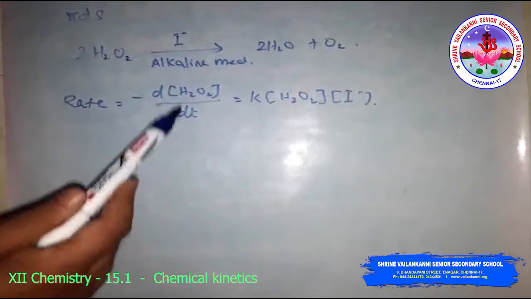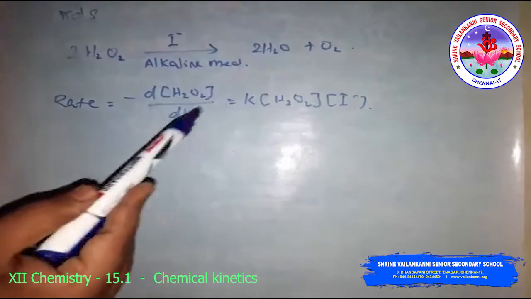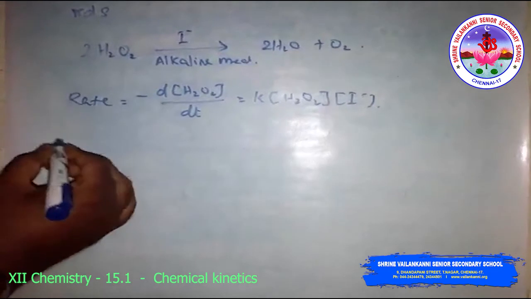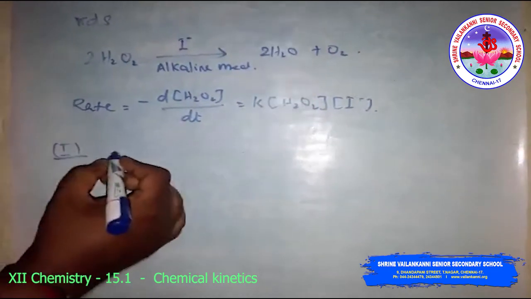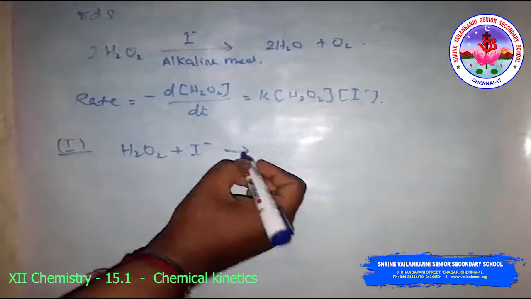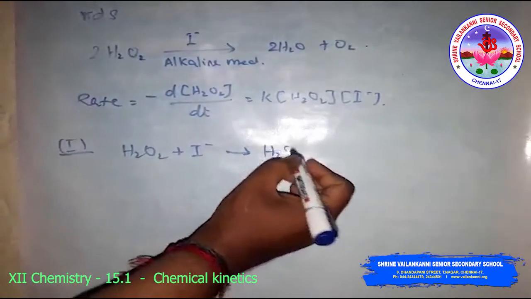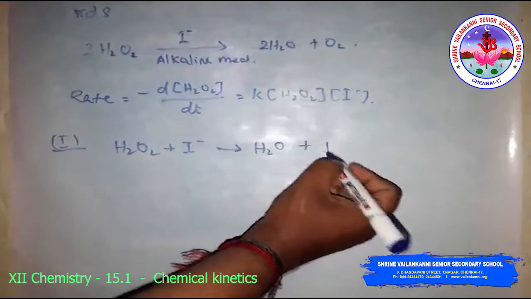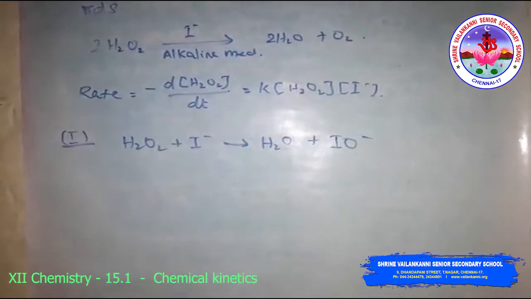So evidence suggests that the reaction takes place in two steps. The first step will be H2O2 plus I minus gives H2O and IO minus. Okay, this is the first step.